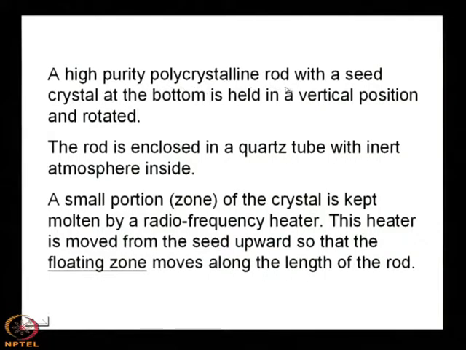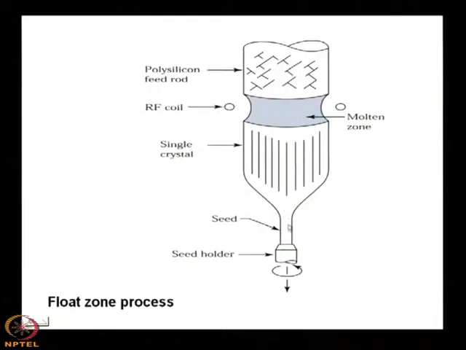So, in this case you find that we start from a polycrystalline, very pure silicon rod and the seed crystal at the bottom held in a vertical position. You see that this is a high purity silicon rod, and there is a seed crystal at the bottom which is placed in a vertical direction, right. Now, if you find the difference between this and the Czochralski, what do you find?